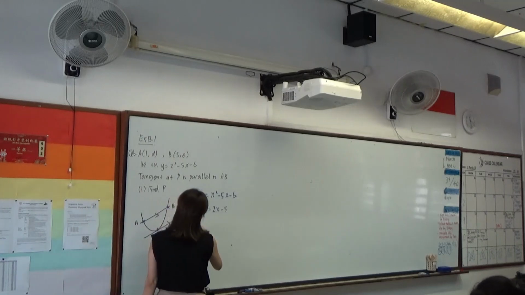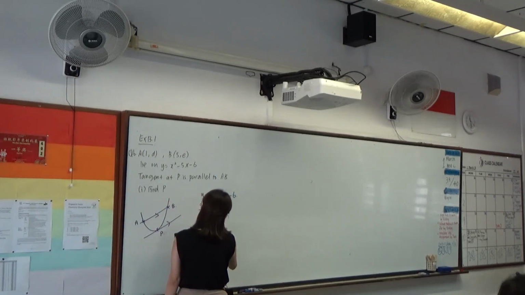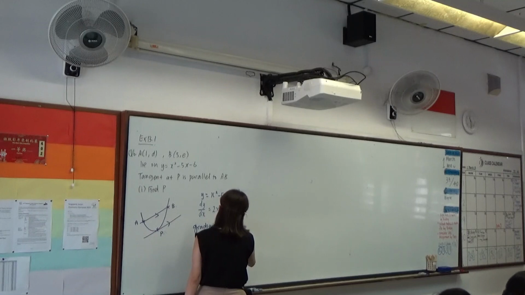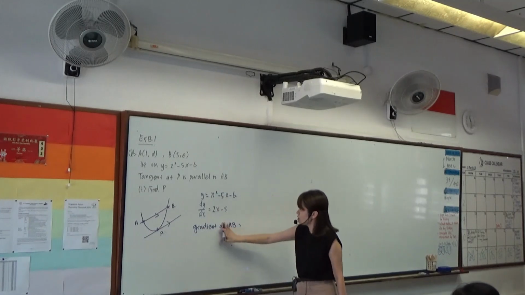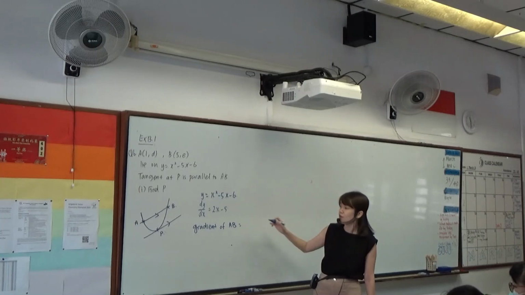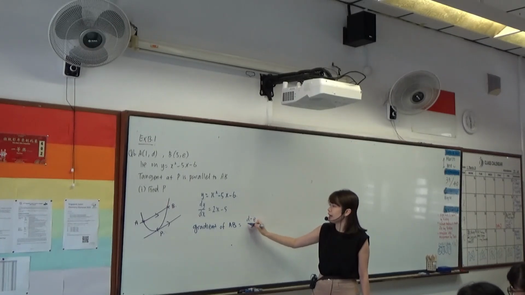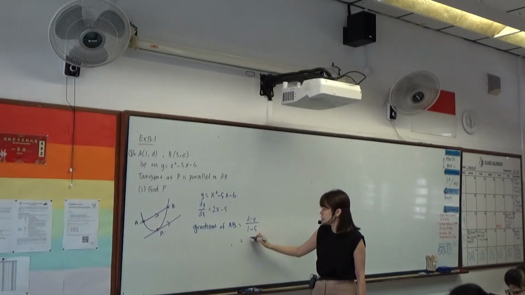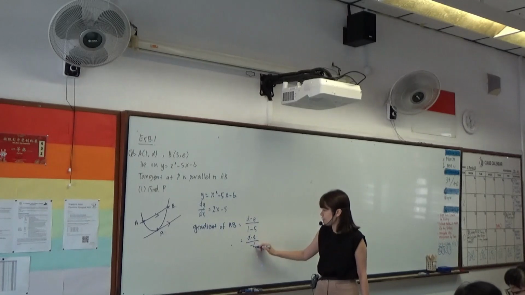So the gradient of AB will have to be using our formula (y2 minus y1) over (x2 minus x1). So we have d minus e over 1 minus 5, that is actually over negative 4.